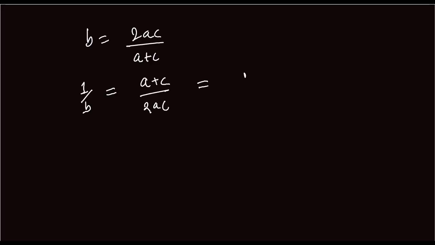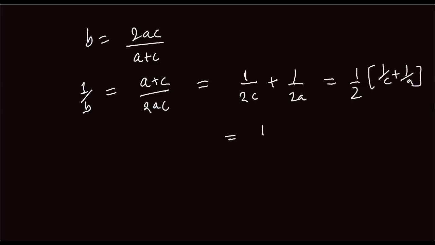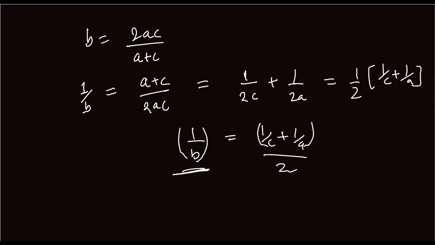This can be written as 1 by 2C plus 1 by 2A. This can be written as 1 by 2, into 1 by C plus 1 by A. Or this can be written as 1 by C plus 1 by A, upon 2. So that means 1 by B, the second term, is the mean of the first and the last term.